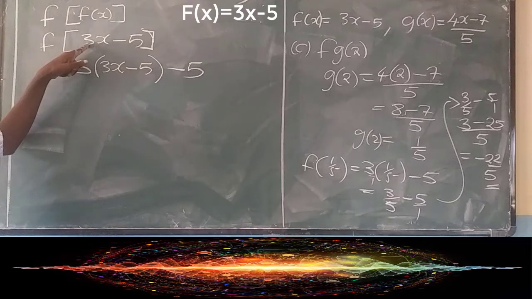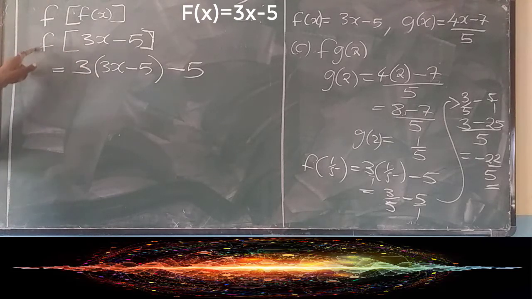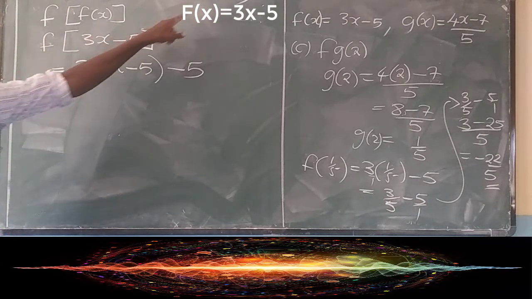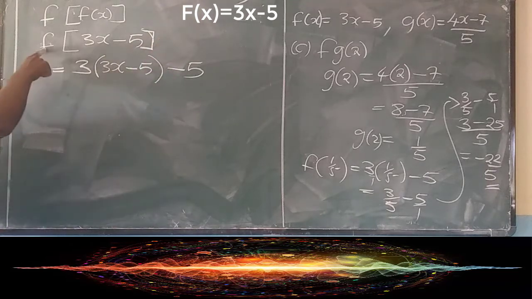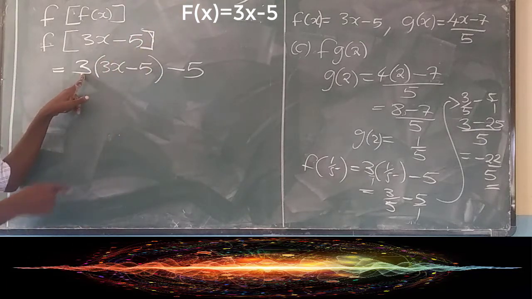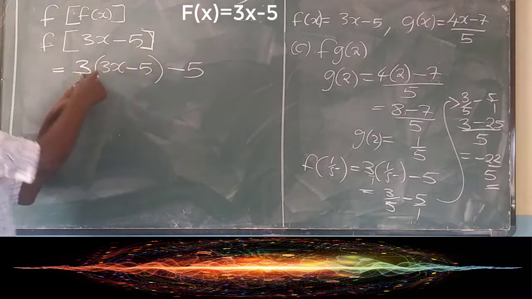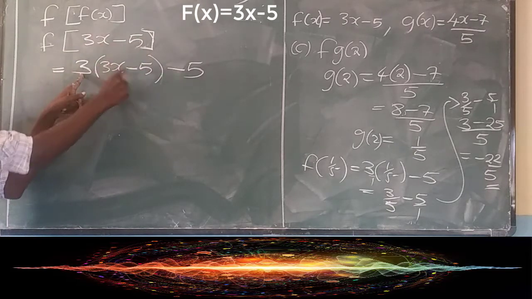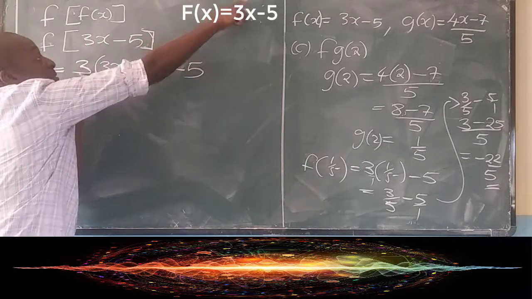Now, the next thing that we have done, since the function we have here is still f, it's still this one here, f. So what we have done is to write that one now for this one, because we have to do with this. So you write it, you have 3, and then here where you are supposed to have x, you open brackets and put this thing that you have in the bracket here. Then you have the minus 5 at the end.